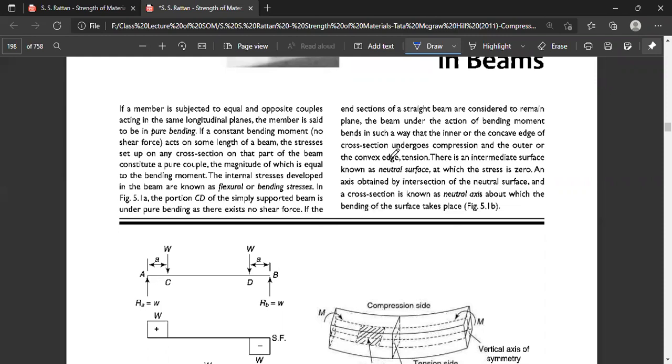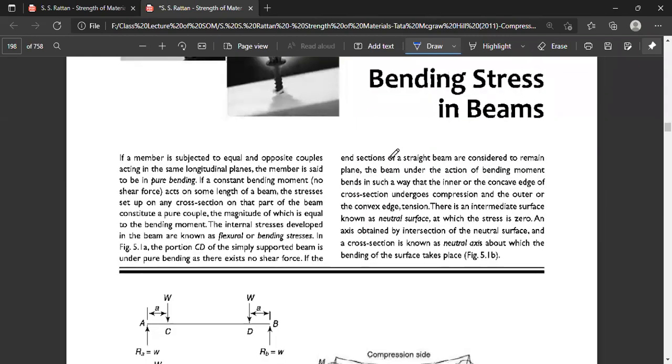Now, what we have seen, what is a beam? A beam is a prismatic bar subjected to loading normal to its longitudinal axis.